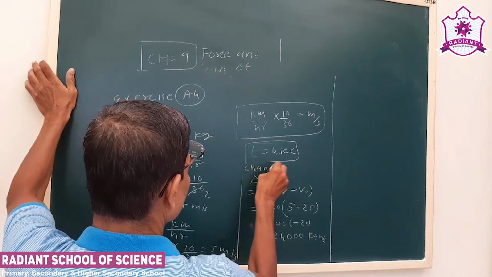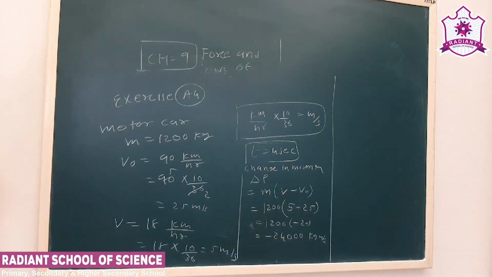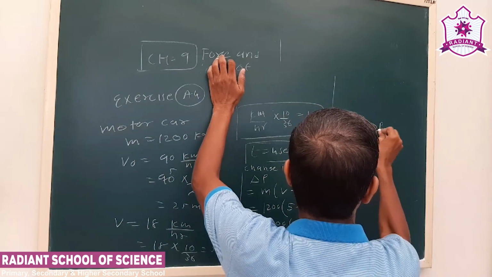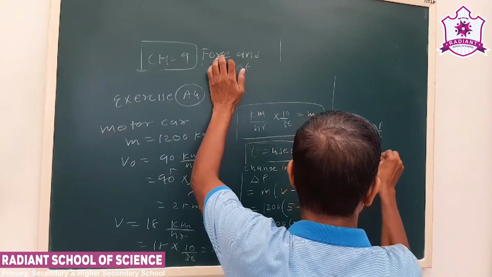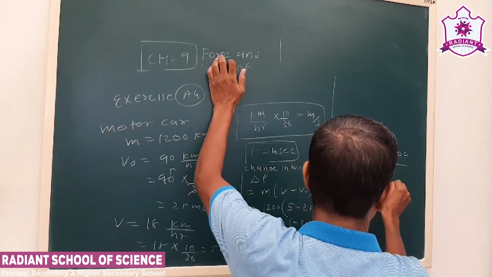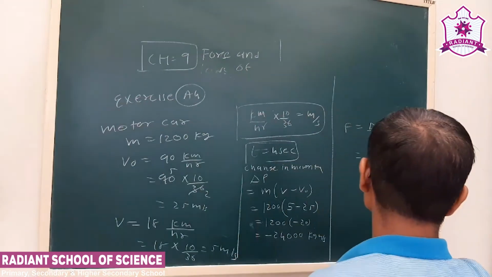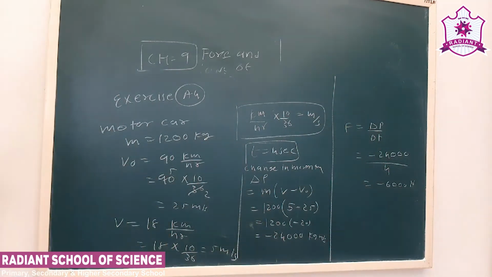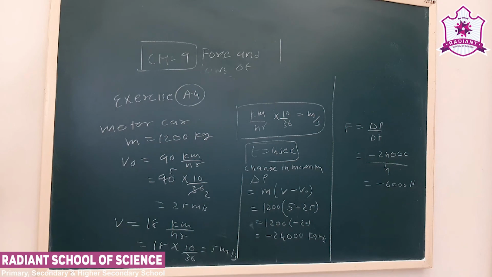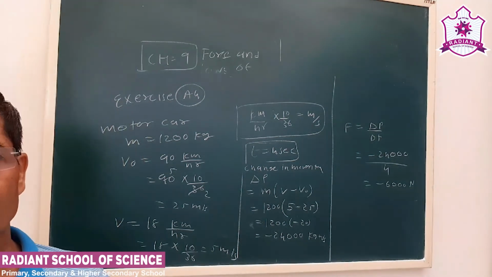This is the change in momentum. Time interval is given as 4 seconds. So F is equal to delta P by delta T. See, here it is a retarding force. Why? Because the velocity decreases. So that's why the force is negative. That is a retarding force. So this is about the exercise numericals of lesson number 9.